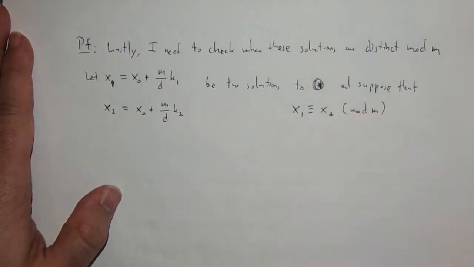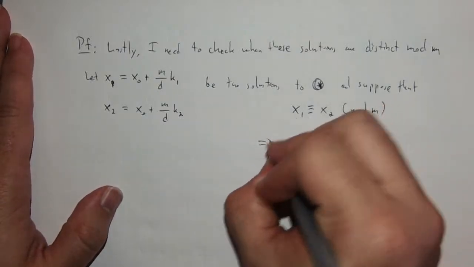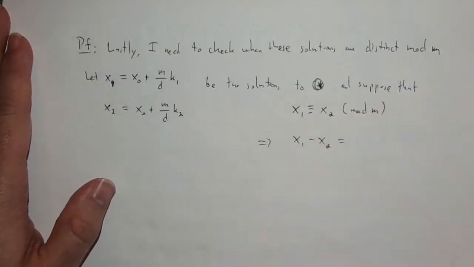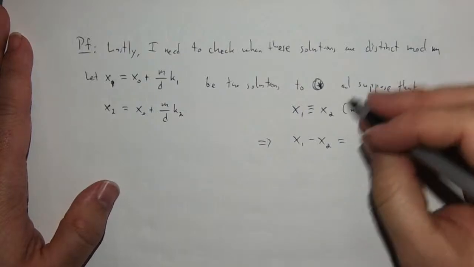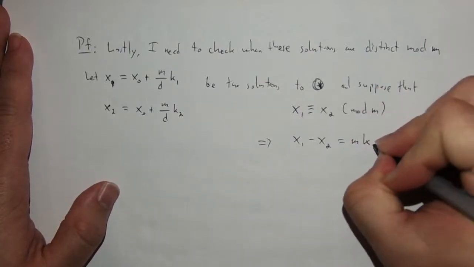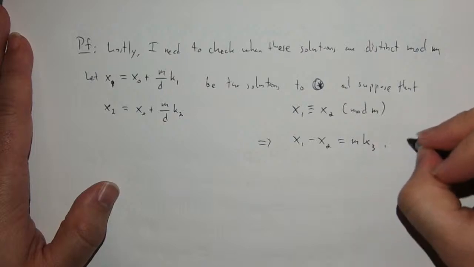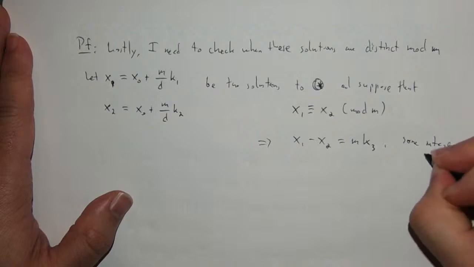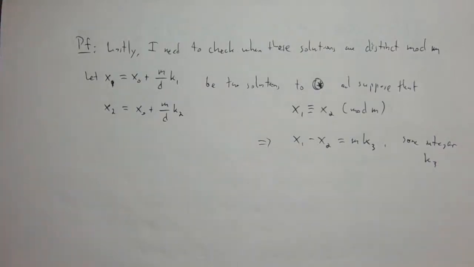Well, just by definition of congruence mod m, this means that x sub 1 minus x sub 2 is equal to a multiple of m. So we'll say this is m times k sub 3 for some integer k sub 3, right?